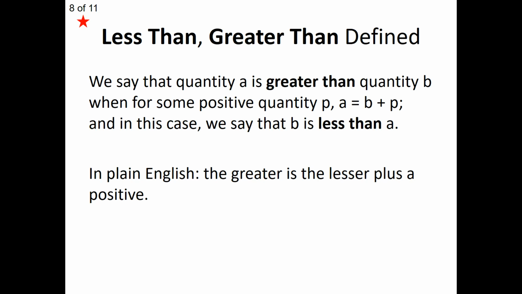All right, before we move on to the last part, let's talk about greater than and less than. Let's say you're given a quantity A, and I have a second quantity B. I will say that A is greater than B if you take some positive quantity, we'll call that positive quantity P, add it to B, and it will equal the quantity A. When we talk about greater than, we have to establish that there's some relationship between two values already, A and B, and then a third quantity that is summed to the lesser of the two.